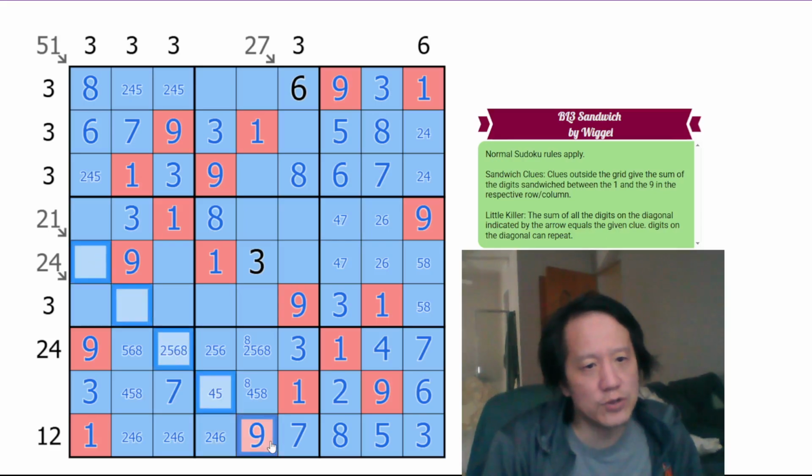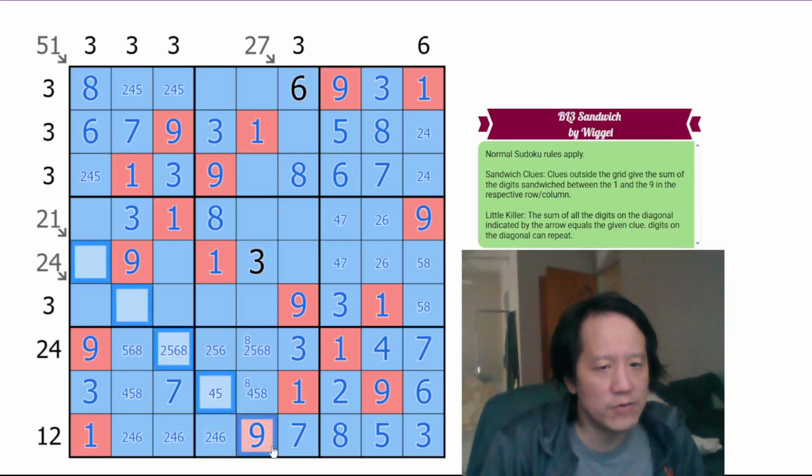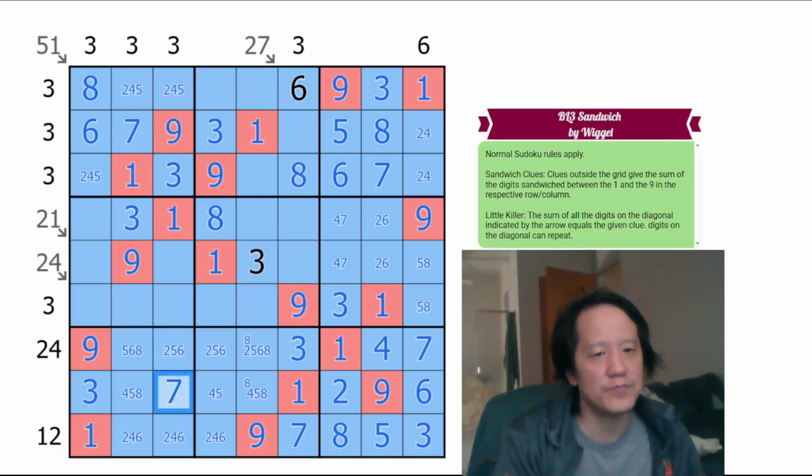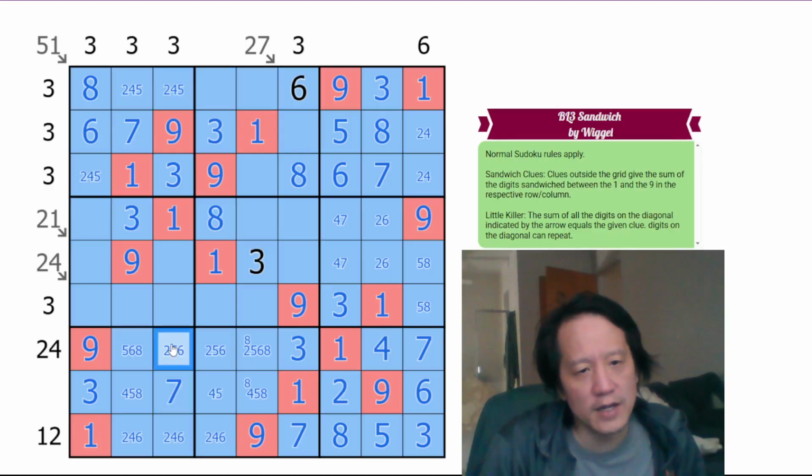These add up to 21. So this is 9 already. This is at minimum 4. That's 13. If you had 8 here, that's guaranteed 21 in these 3 cells, which is not possible. So this cannot be 8. What's the minimum for these digits?